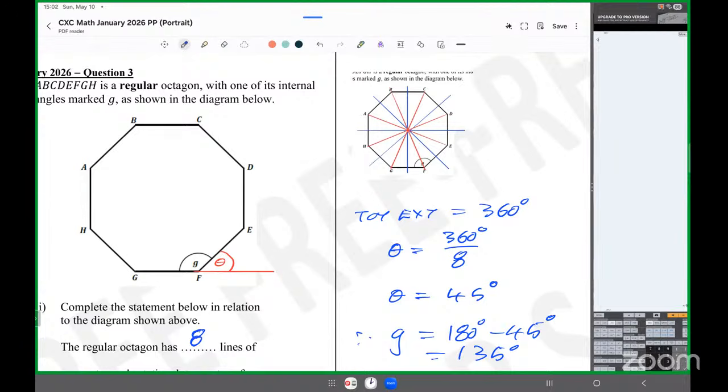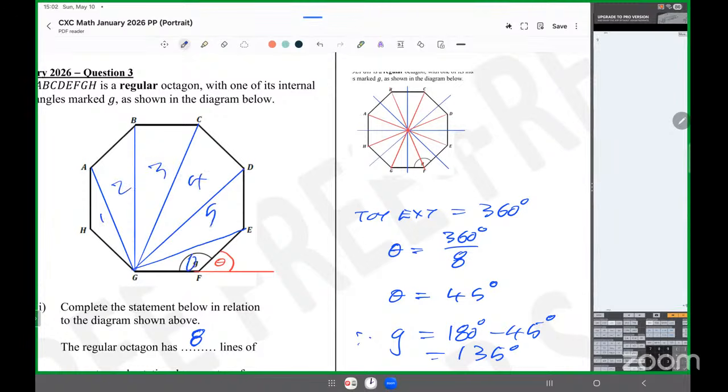See here, if you draw a line from here to here, that's 1 triangle, 2 triangles, 3 triangles, 4 triangles. Well, actually 6 triangles: 1, 2, 3, 4, 5, 6. Because it has 8 sides, it can be divided into 8 minus 2, which is 6 triangles.